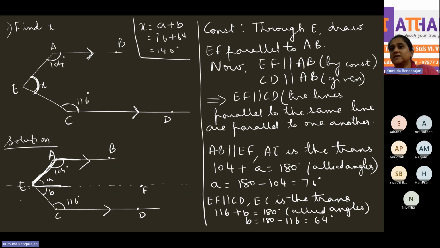AE and CE. Are they parallel? No, they're meeting somewhere. So we treat AE and CE as transversals, because they're not parallel. They meet at E. Through that point, we draw the construction.